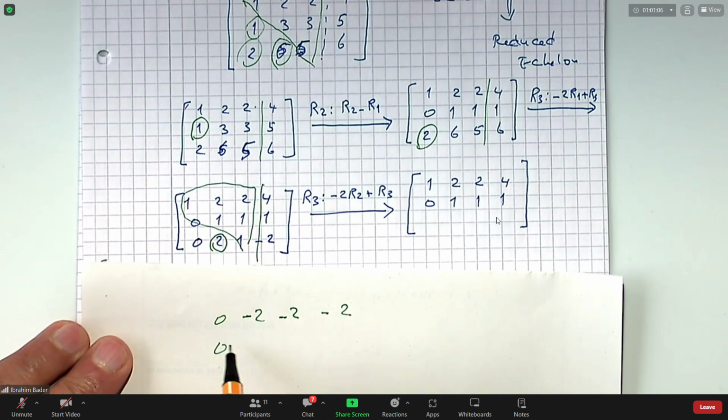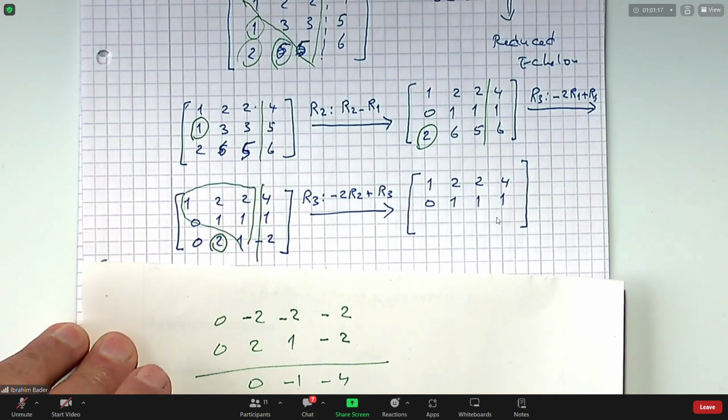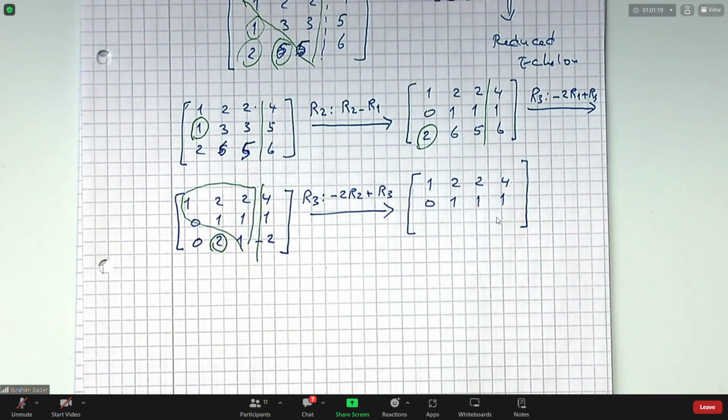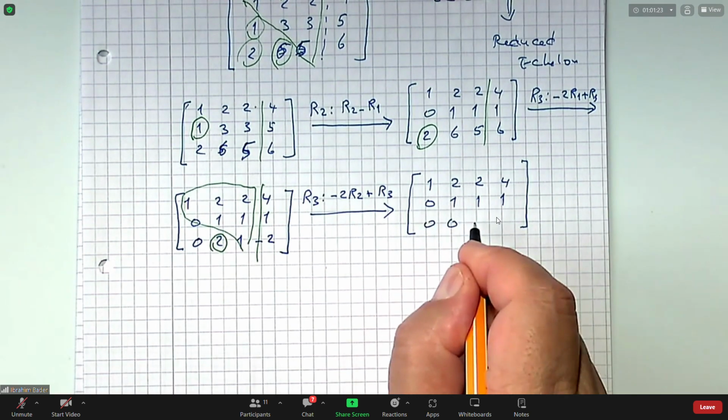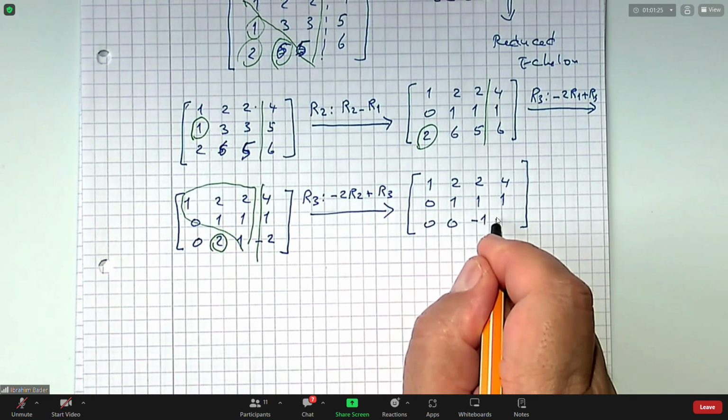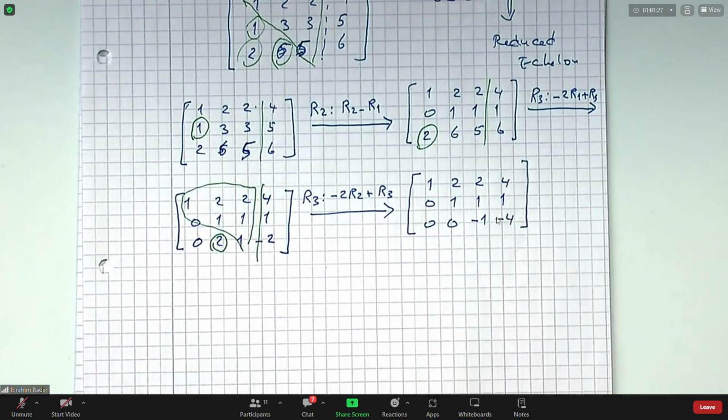Third row, 0, 2, 1, negative 2. Okay, so here 0, 0, negative 1, negative 4.